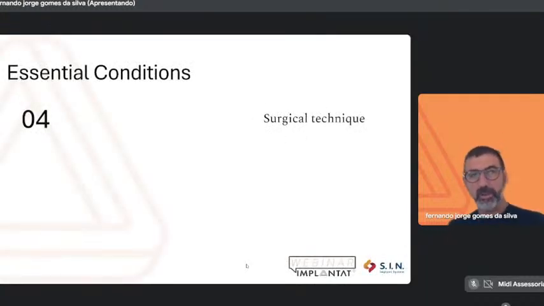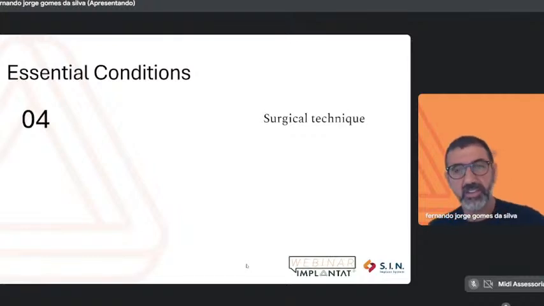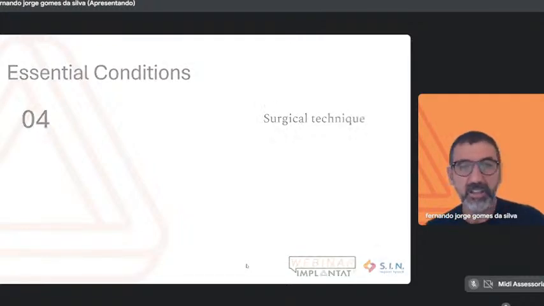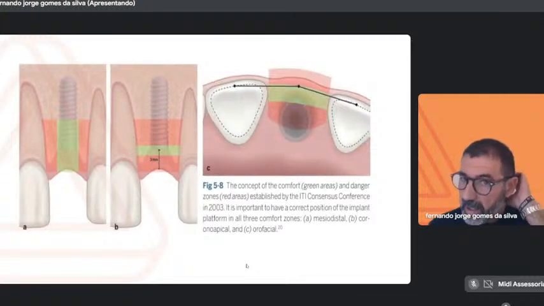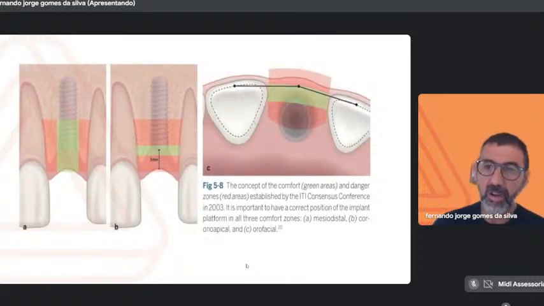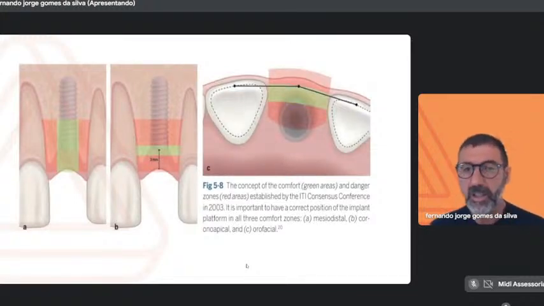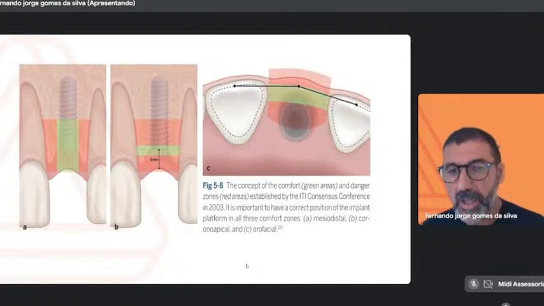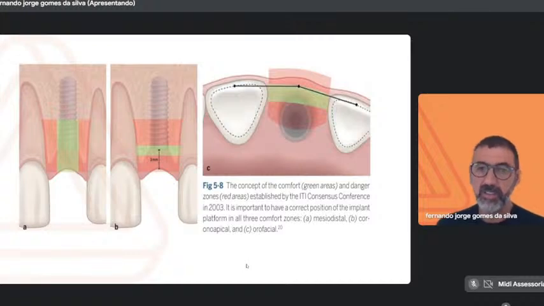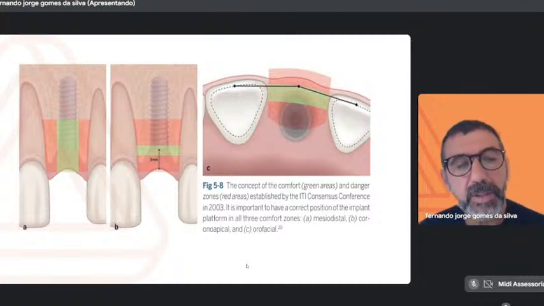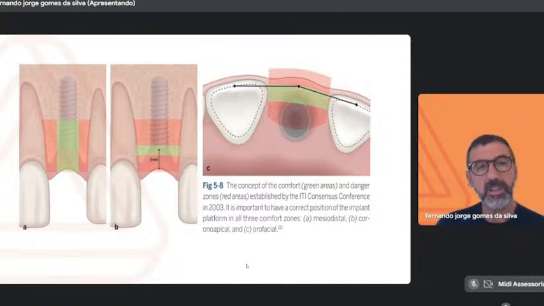So the fourth essential condition is the surgical technique. In the ITI Consensus Conference in 2003, they defined three comfort zones: the mesiodistal, the coronal-apical, and the orofacial. The mesiodistal is the distance between our implant and the natural teeth.